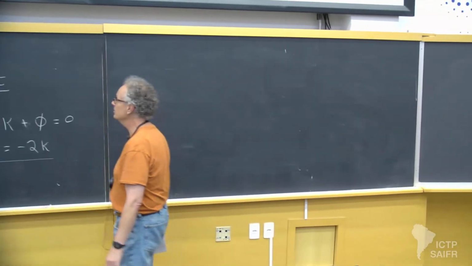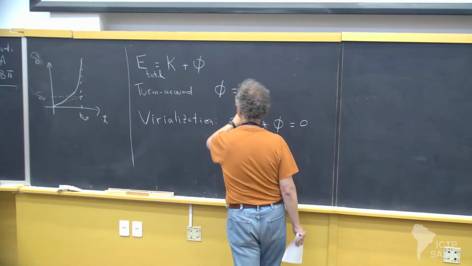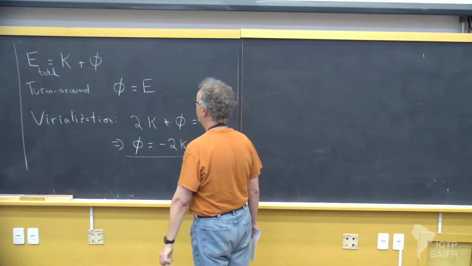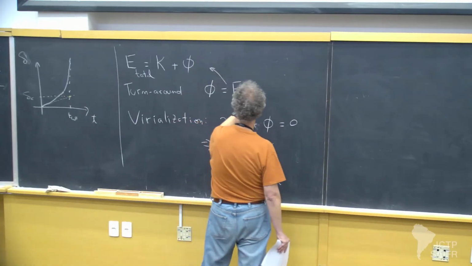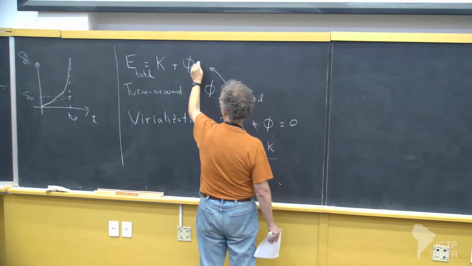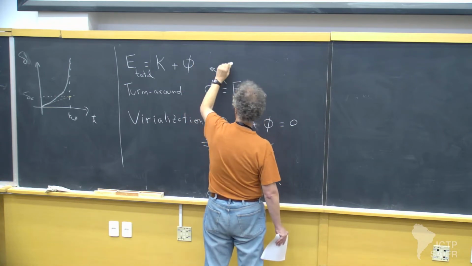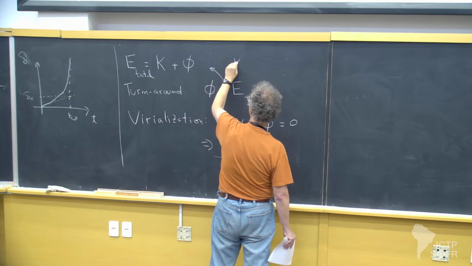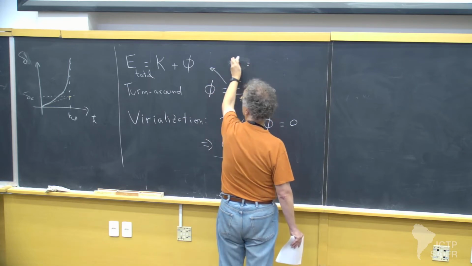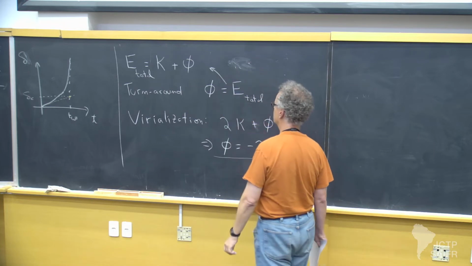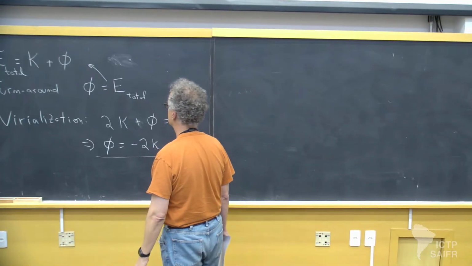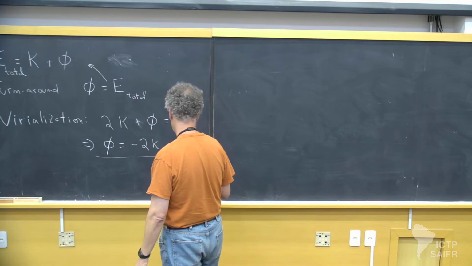So now I can use that the total energy, which is conserved, is the potential energy at turnaround. Sorry, there's something wrong here.